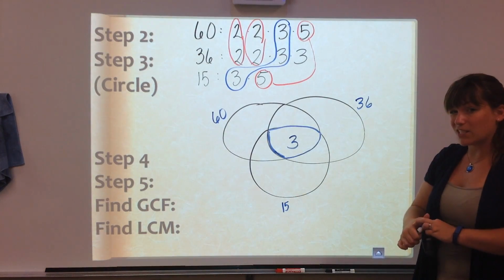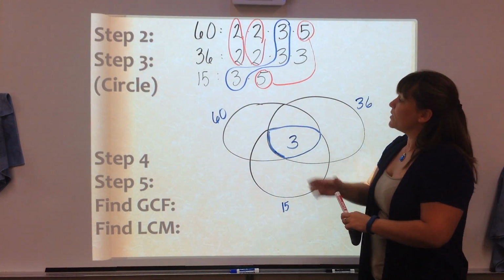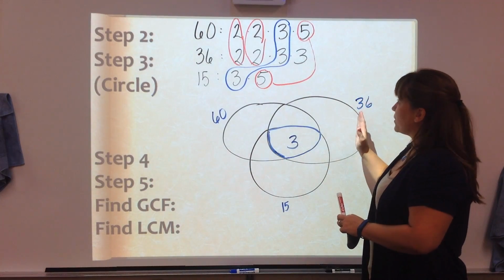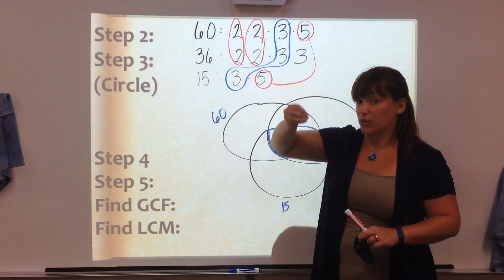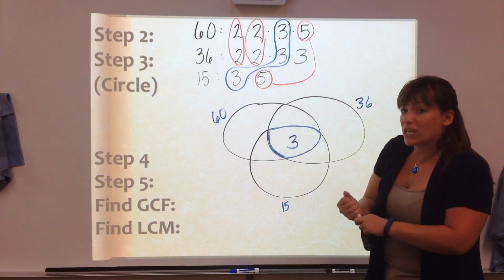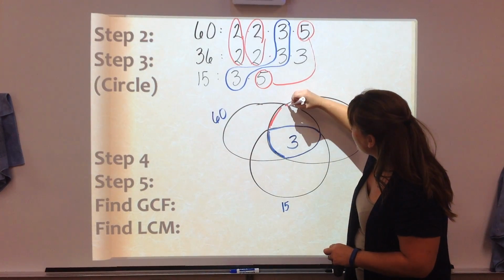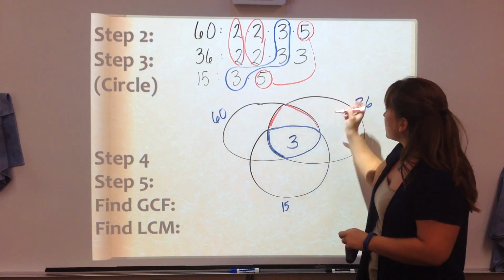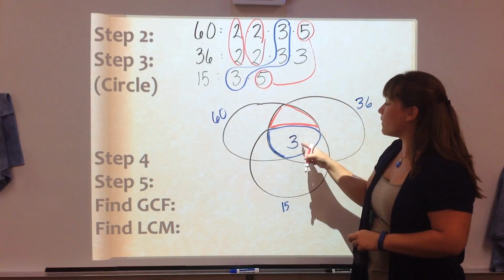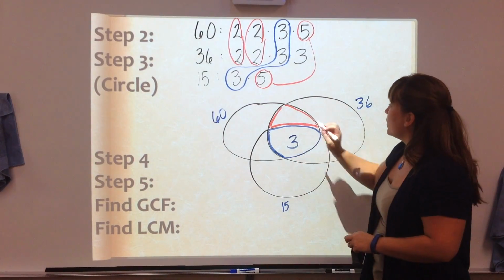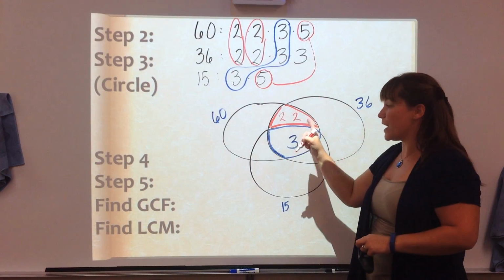Okay? Now let's attack my red circles. What's in common between 60 and 36? We've circled 2 pairs of 2. So just like yesterday with a regular Venn diagram, the part that's overlapping between 60 and 36 is this little piece right above the middle guy. So we're going to put two 2s only in that section.